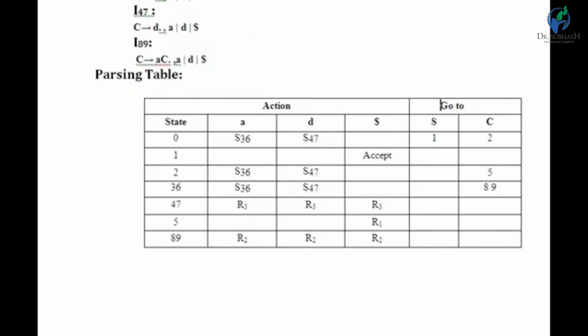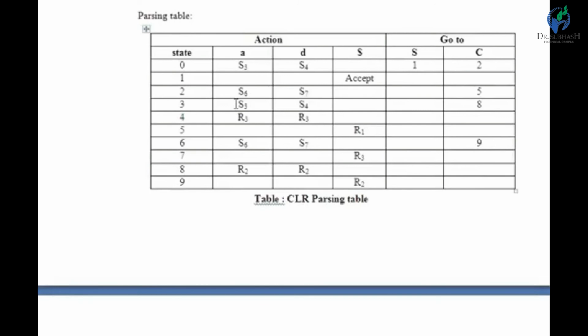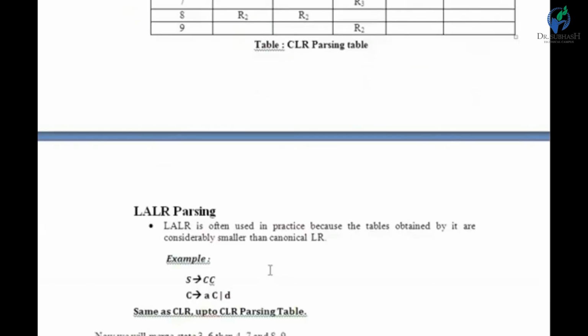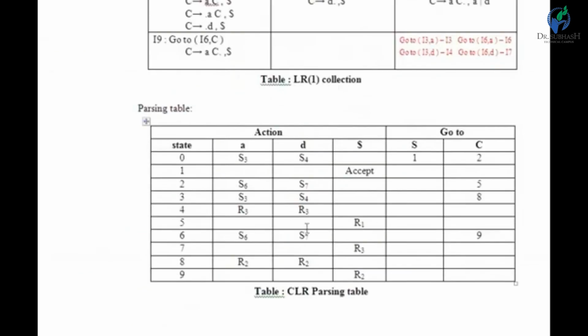So combine all the 36 state, 47 state and 89 state. In the third state you have entry S3 S4. So in the LALR parsing table, the state becomes 36, and the entry is S36 S47, as both are combined. In the 4th and 7th it's R3, and at the dollar position R3.